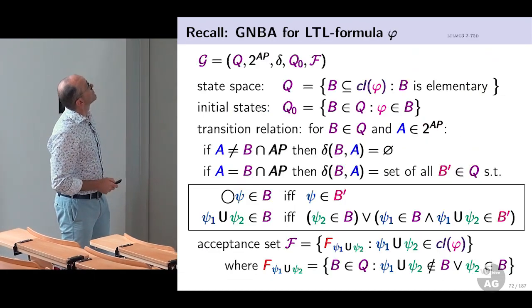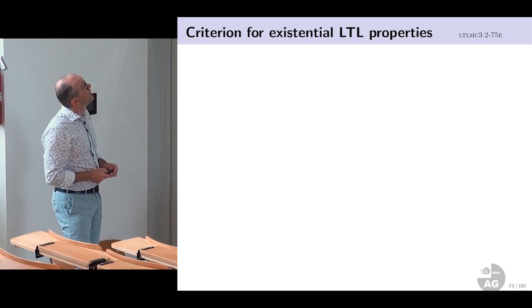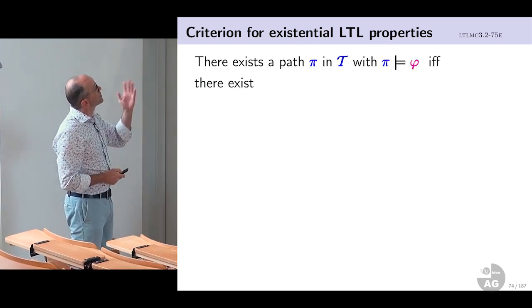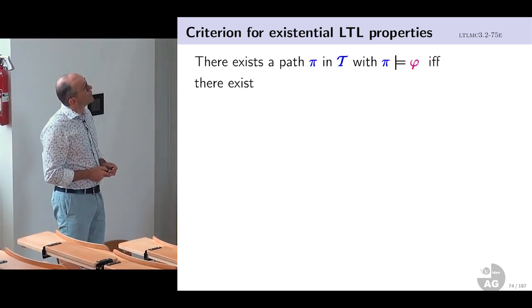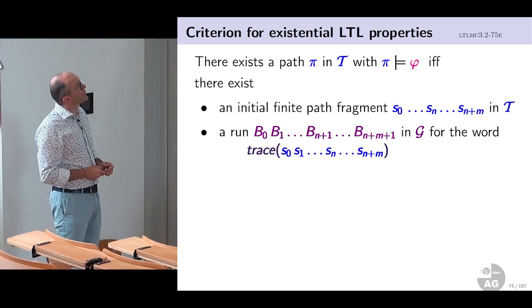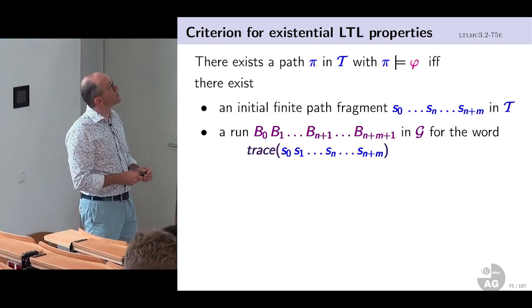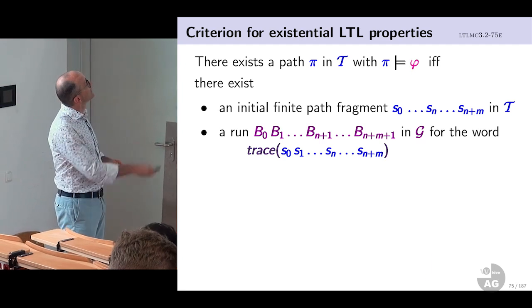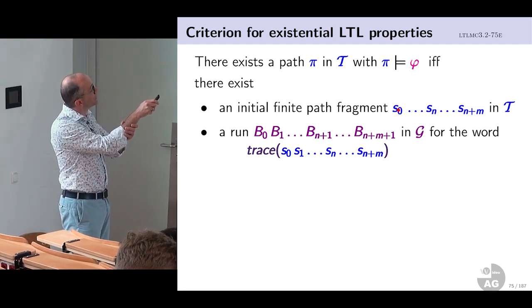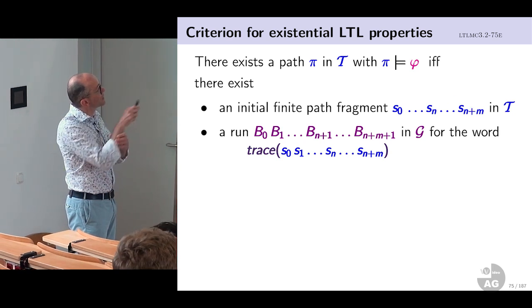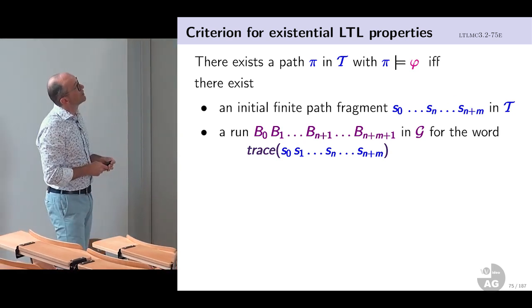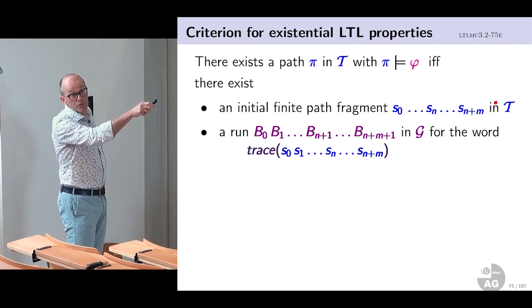Good. I'm going to skip the details about the GNBA. So what's the criterion? There exists a path satisfying phi if and only if there exists some initial path fragment in the transition system, starting in some initial state, then we reach Sn, and then at some point we reach Sn+m, such that this is in the transition system, right?